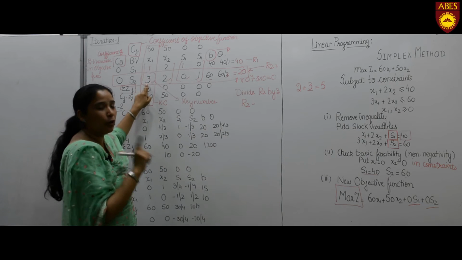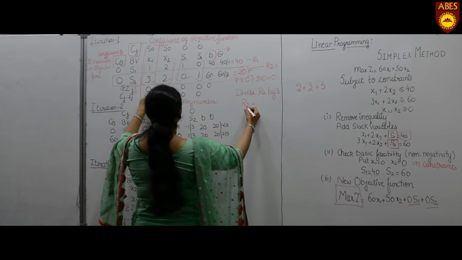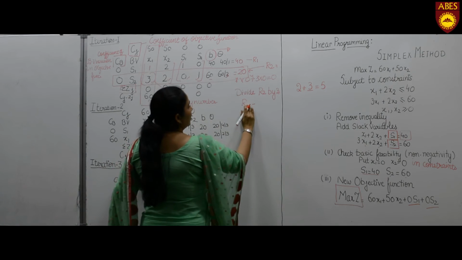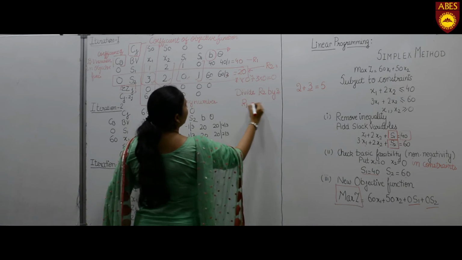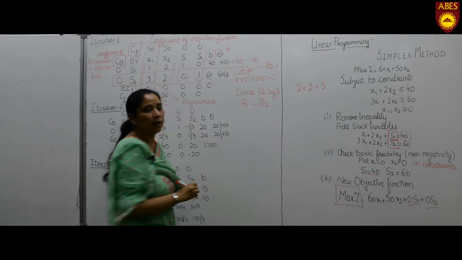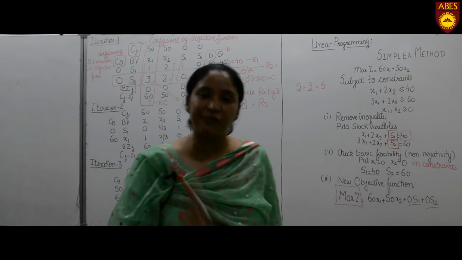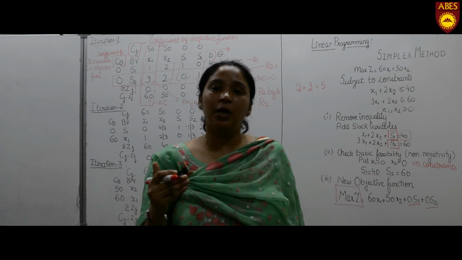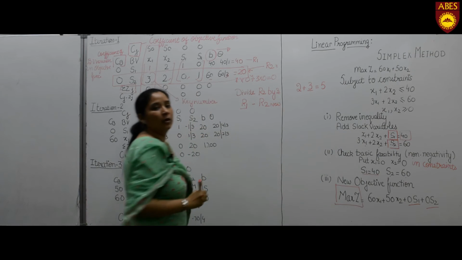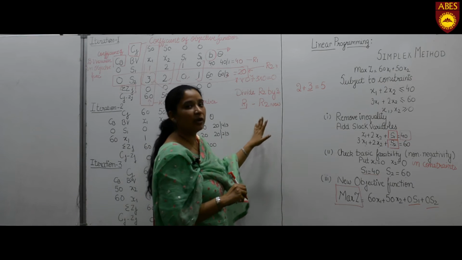You can only do the operation using the key row. So the operation is new R1 equals R1 minus R2. The row on which you do the operation is written first, and the row you use for the operation is the second row.